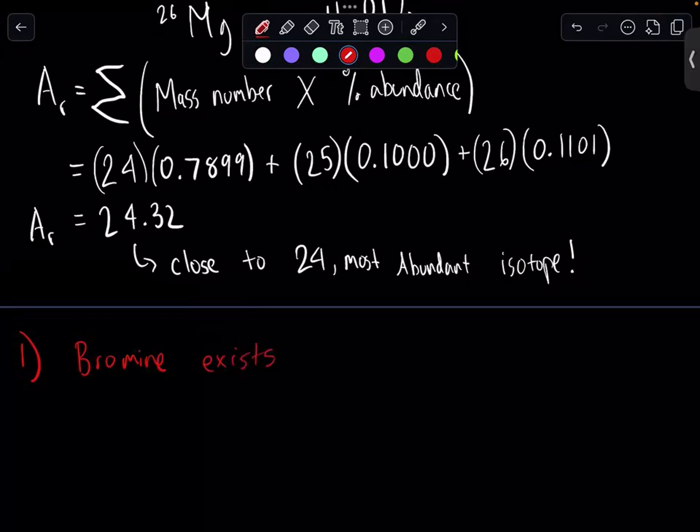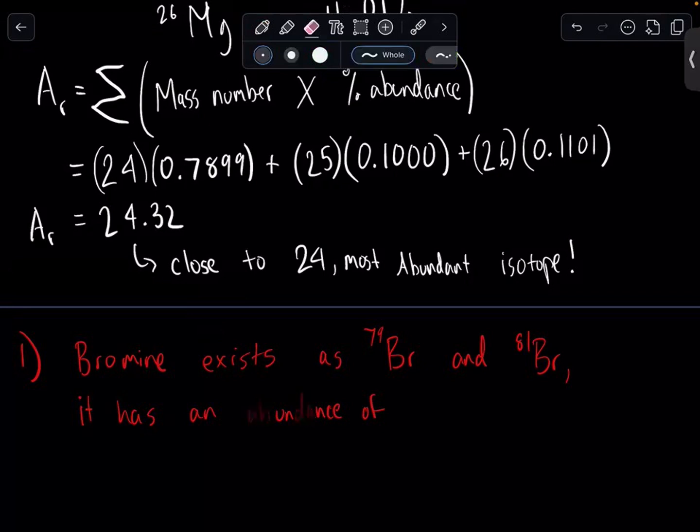Bromine exists as bromine 79 and bromine 81. Oh, actually, that's not this question.